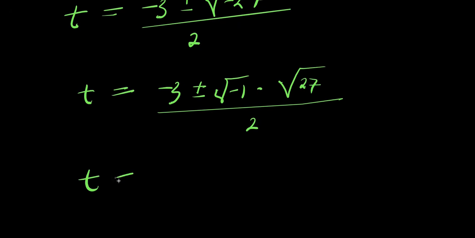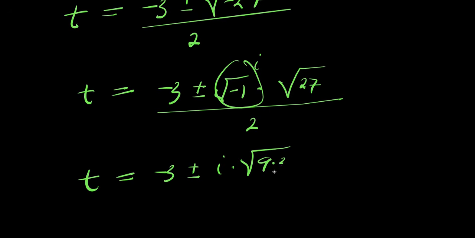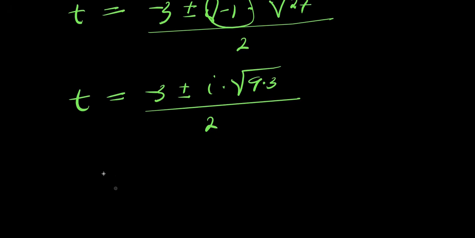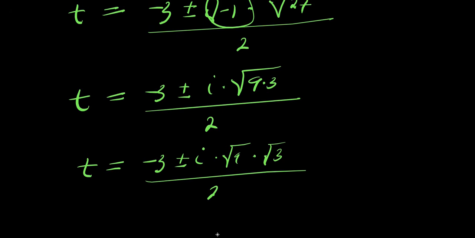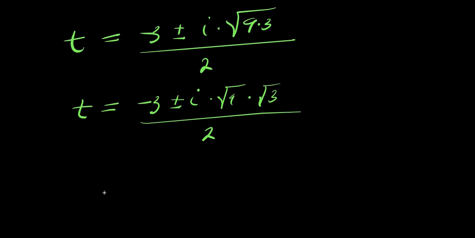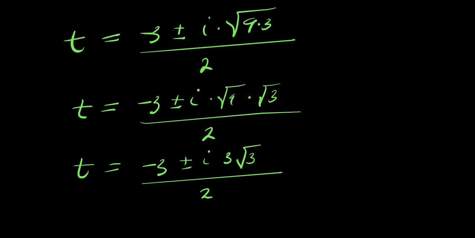So from here, I have t equals negative 3 plus or minus i times square root of 27, this is 9 times 3, divided by 2. So from here, I have t equals negative 3 plus or minus i times, this is square root of 9 times square root of 3, divided by 2. So from here, I'll have t equals negative 3 plus or minus i times square root of 9, this is 3. We have root 3 divided by 2.